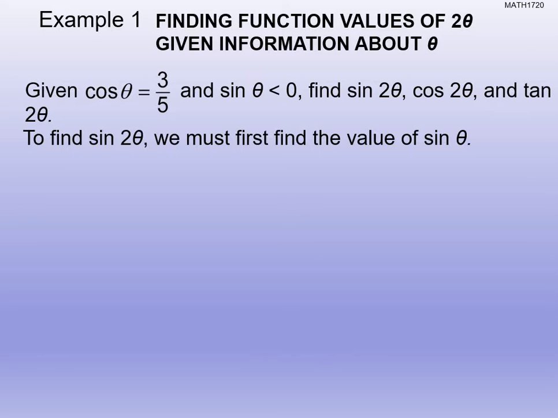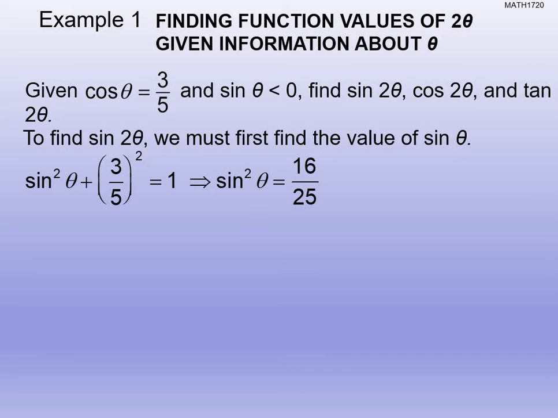To find sine of 2 theta, we have to find what sine of theta is. I just explained that using the triangle, but we can also find it using the Pythagorean identity: sine squared theta plus cosine squared theta equals 1. This is just another way of finding the sine of theta, not sine of 2 theta, just practicing it. Using the Pythagorean identity, we get 16 over 25.